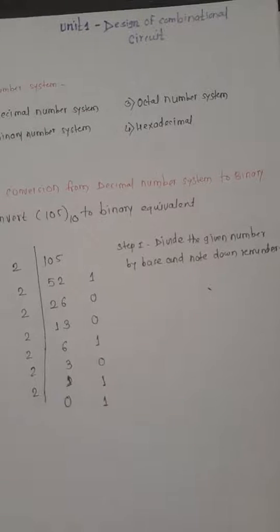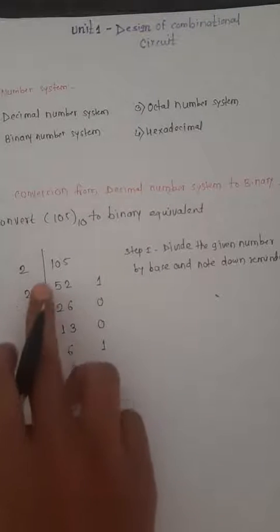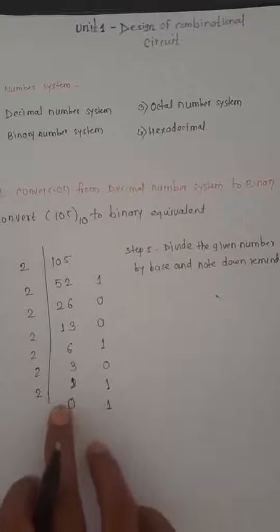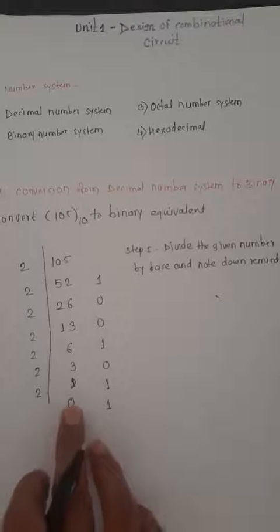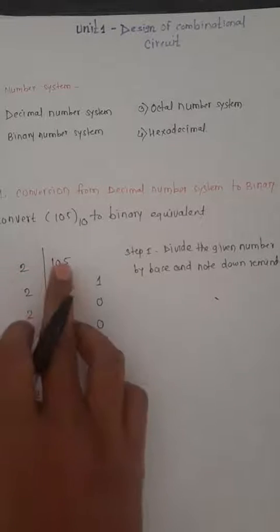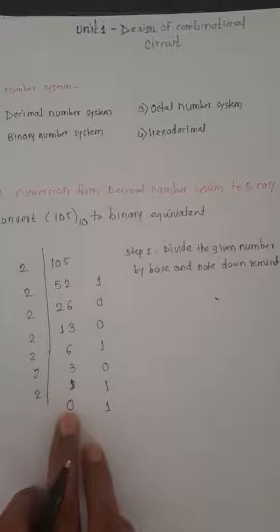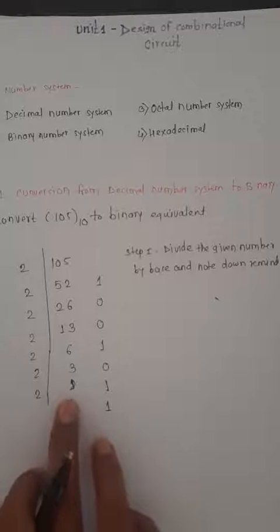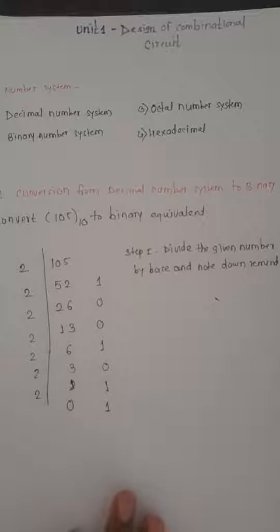Up to what do we have to repeat this process? Until nothing is left, that is, after 0 comes here we have to stop our process. So divide the given number until and unless 0 is present here, at that time stop our process.